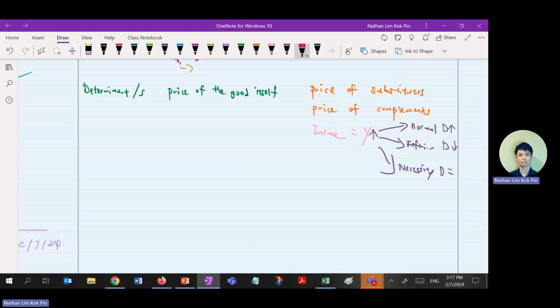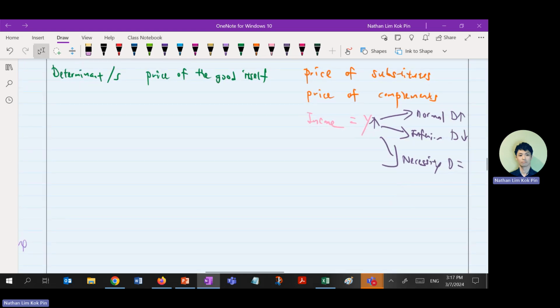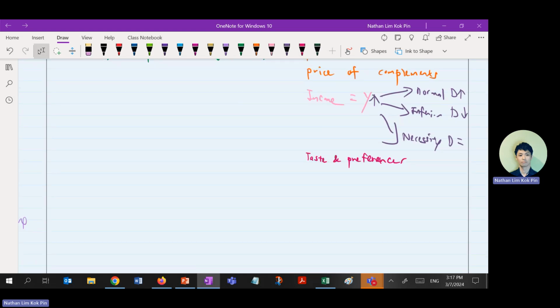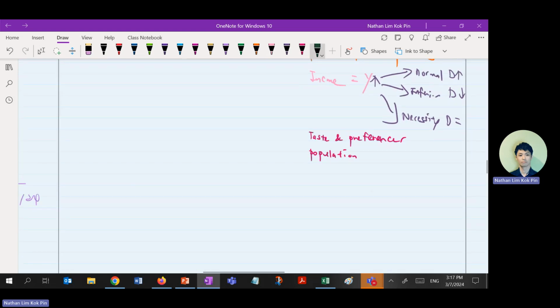Other than income, we have many other determinants that affect the demand, right? For example, taste and preferences, right? We also have population. We also have advertisement.